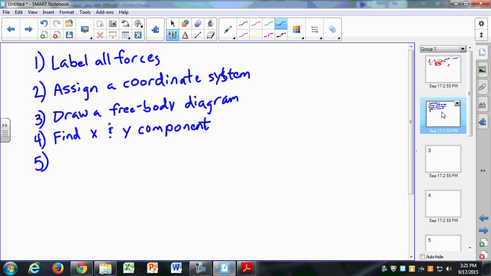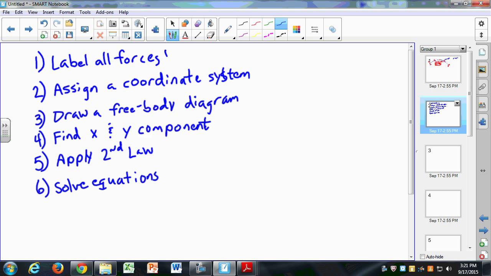Apply Newton's second law. When you apply Newton's second law, you'll have 2 or more equations. Then you just solve the equations. All right. That seems like a lot of steps, but it's not that bad, really.